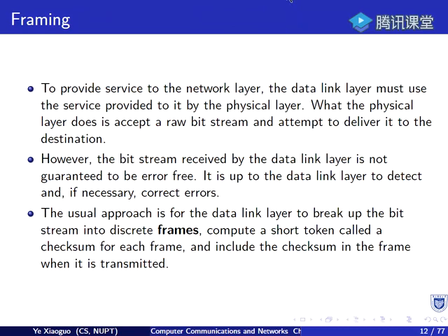Then we will talk about framing mechanisms. To provide service to the network layer, the data link layer must use the service provided to it by the physical layer. What the physical layer does is accept a raw bit stream and attempt to deliver it to the destination.